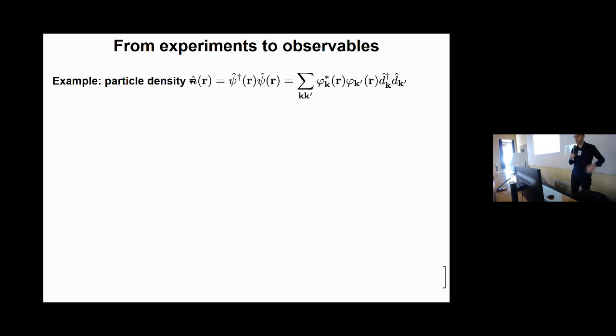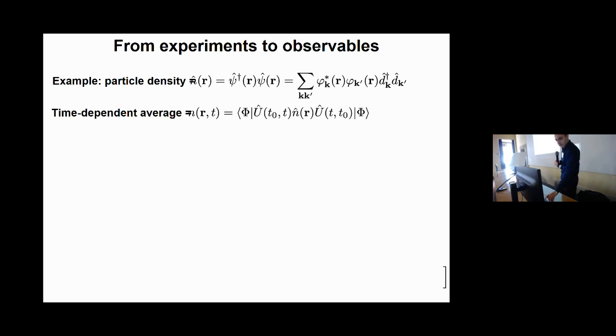Now, we expand. n is the product of psi dagger psi. You know that you can expand each of these field operators in some complete basis, and therefore what we are interested in is calculating the time-dependent average of this operator.